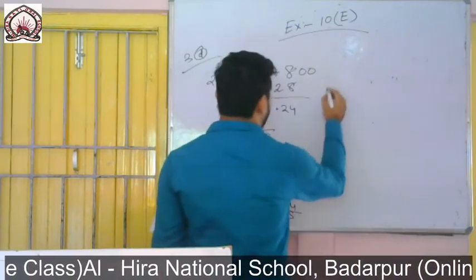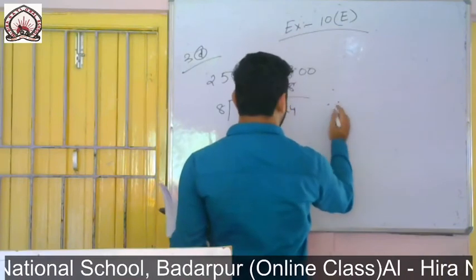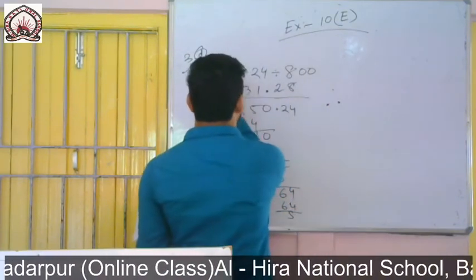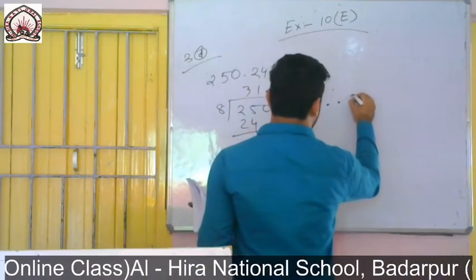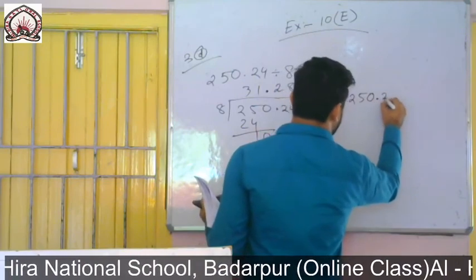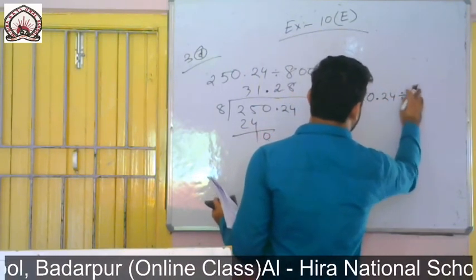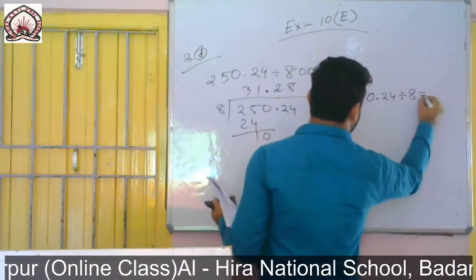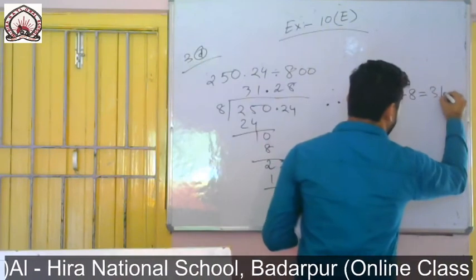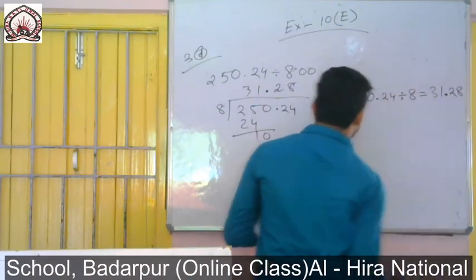After that we'll write therefore, you see, write this one first. 250.24 divided by 8, we are getting 31.28.